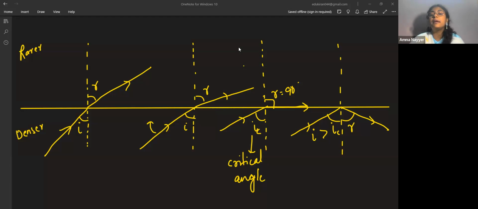Tarif, what is meant by critical angle? What is the definition of critical angle? What have you understood about it?